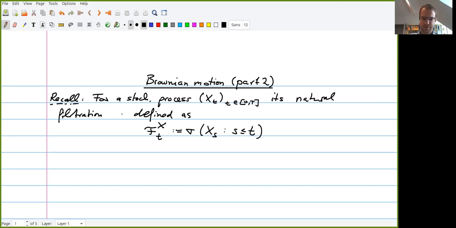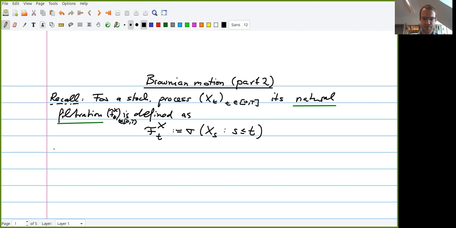So that's my natural filtration. This is the definition of natural filtration. It is certainly the natural choice for a stochastic process to consider an associated filtration.